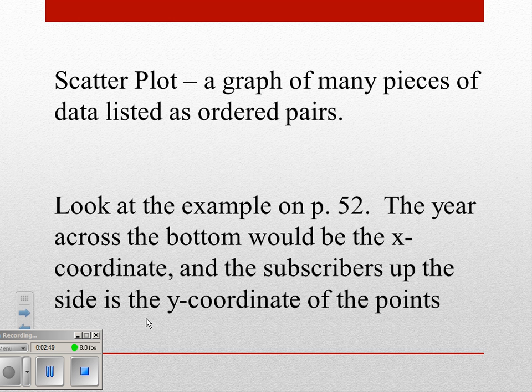Scatter plots. These are a form of graphing that are used actually quite often, and it's just a graphing of all kinds of different data points. So when you have anything like a height and weight, or data that might be revenue and expenses, they can be graphed. When things come in pairs like that, you can graph them as an ordered pair.